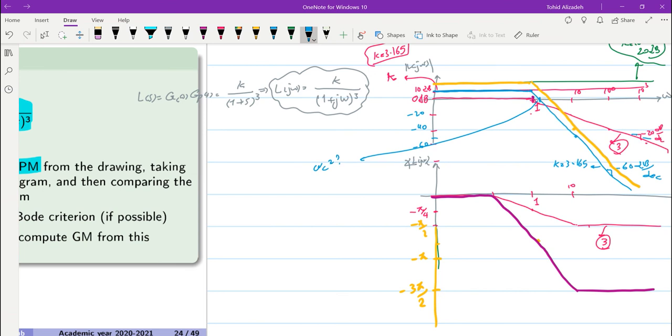You know that it will be the corner frequency if we have amplitude of L equal to 1 or 0 dB. So we can find it.